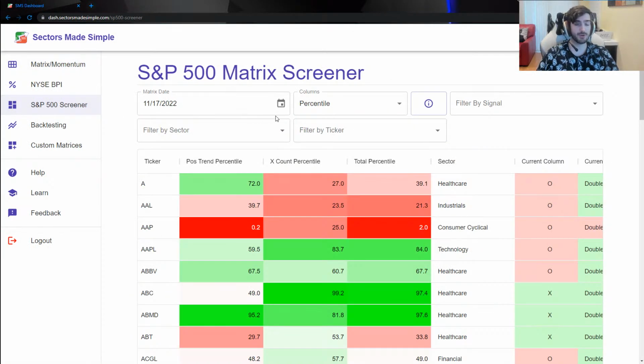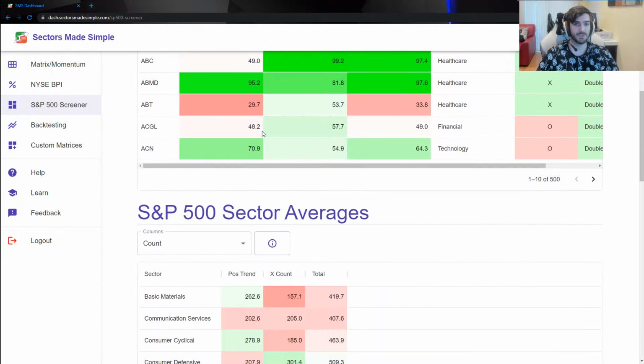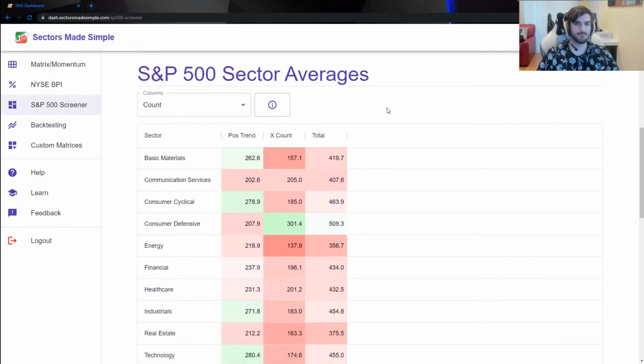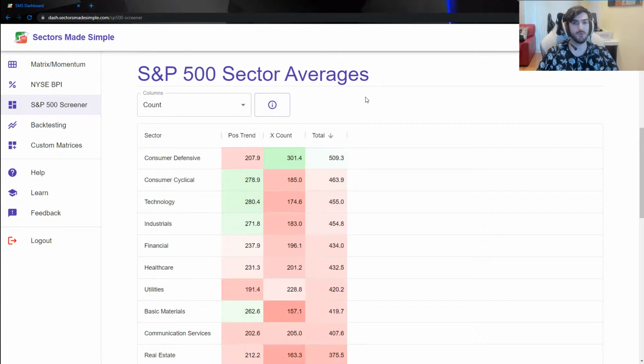You open up the screener, you scroll down, and if you're just asking what the leading sector is, in my opinion, total count is what you would be looking at. If you're looking at momentum, you care more about short term. If you're looking at overall, you're looking at total. In this case, it would be consumer defensive because the average positive trend score in that sector is 207.